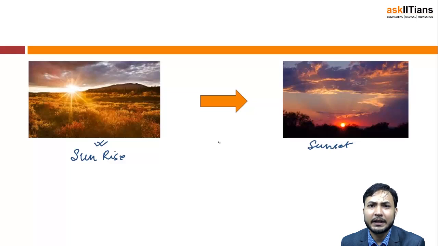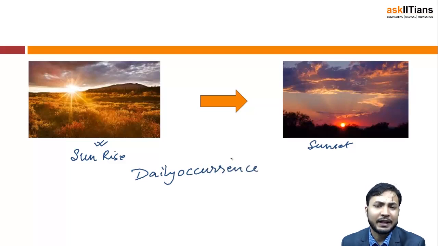So this is my daily occurrence. From the time you were born and probably up to the time that you die, this is one monotonic function that will always occur, right? Every day in the morning the sun will rise, and every day in the evening the sun will set.